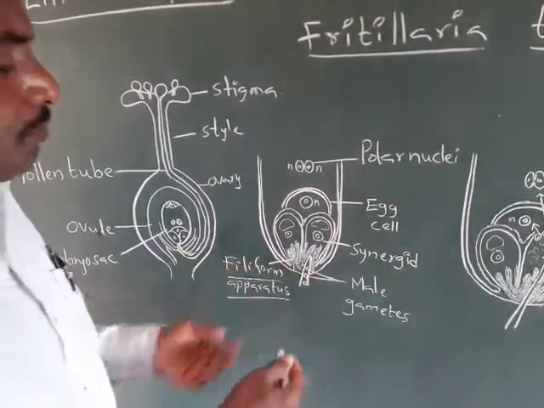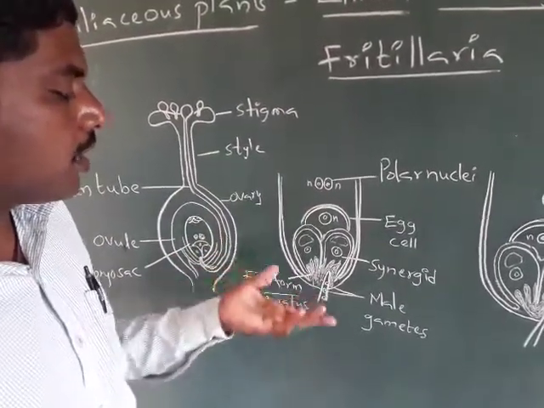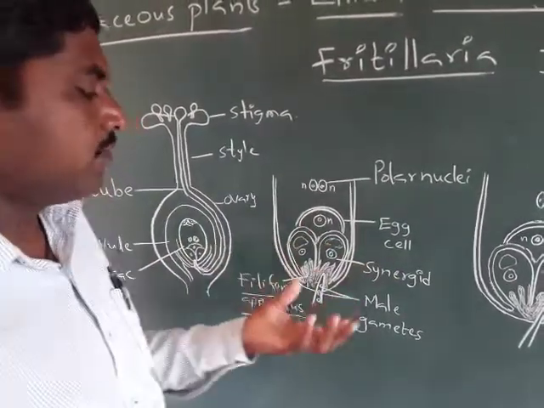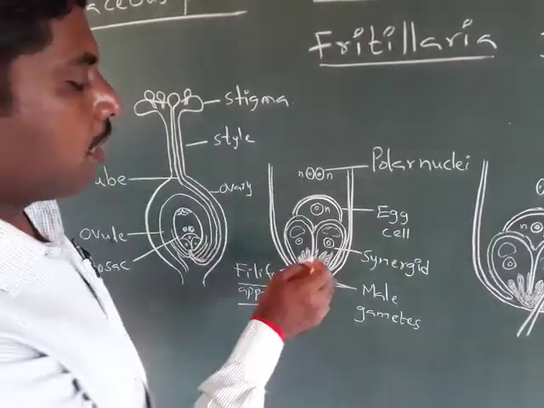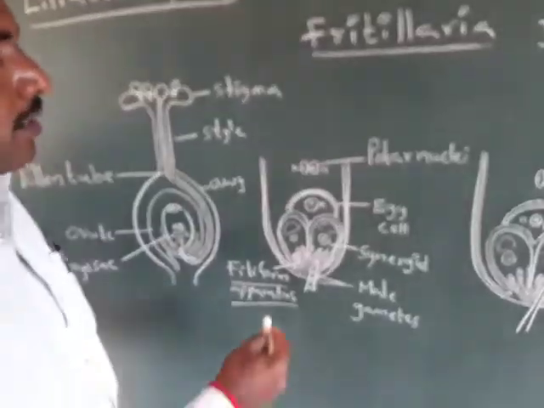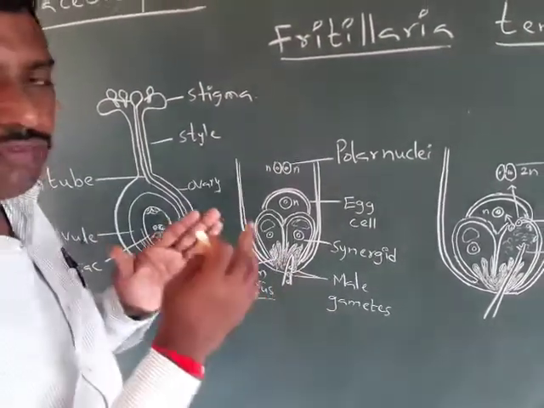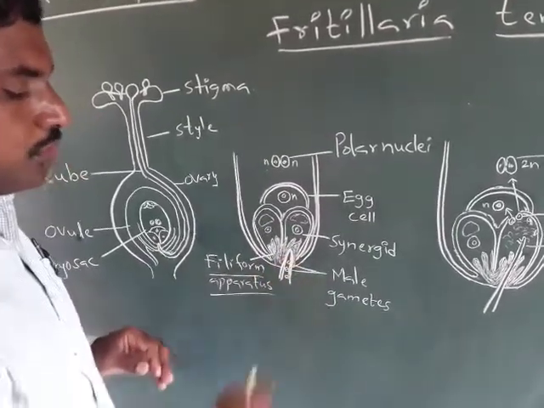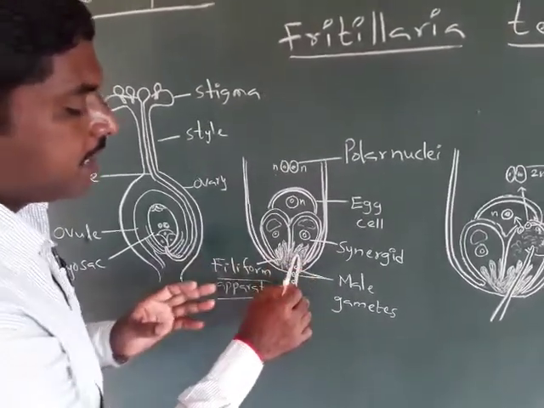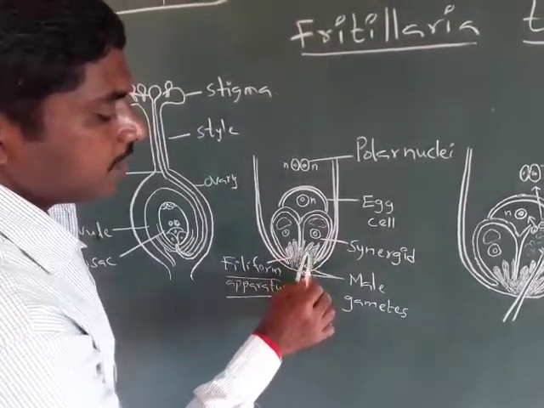They absorb water and conduct food material from the nucellus to the embryo sac. They also give the way for the pollen tube to enter the synergid.